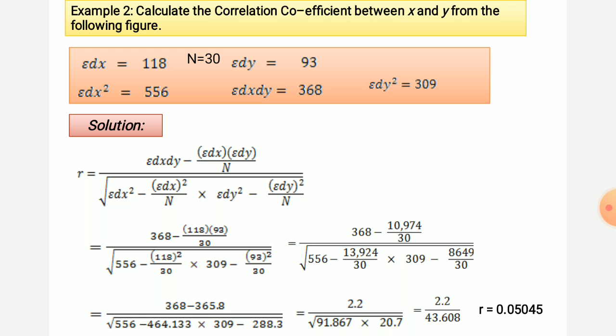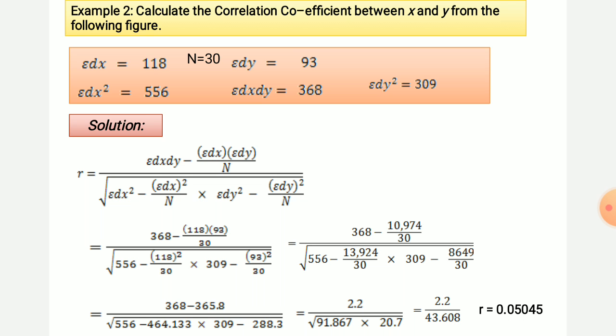So sigma dx dy 368 minus sigma dx 118 into sigma dy 93 divided by n 30, over root of sigma dx square 556 minus sigma dx 118 whole square by 30, into 309 sigma dy square minus sigma dy 93 whole square by 30.